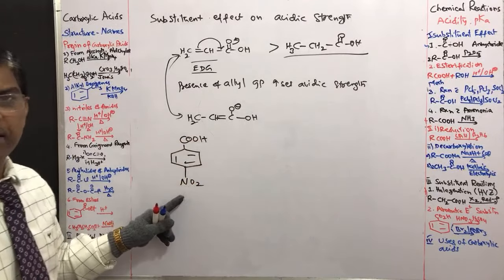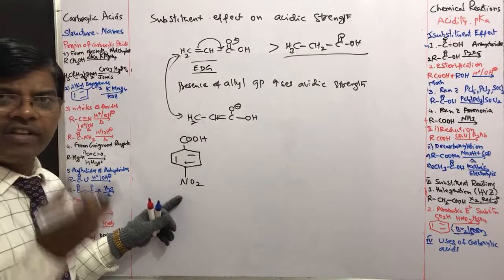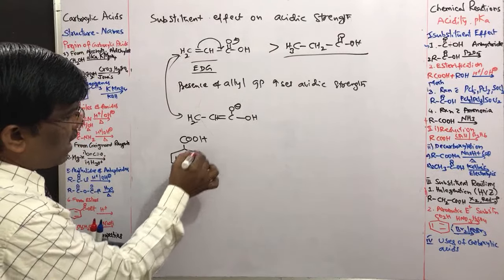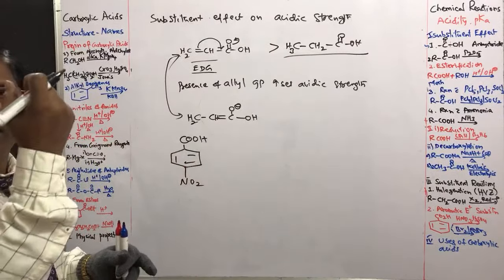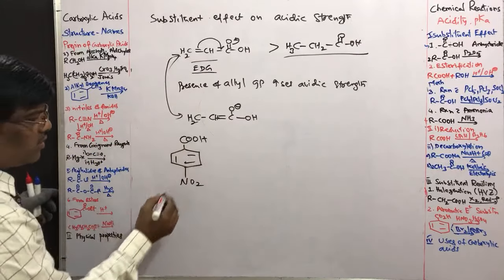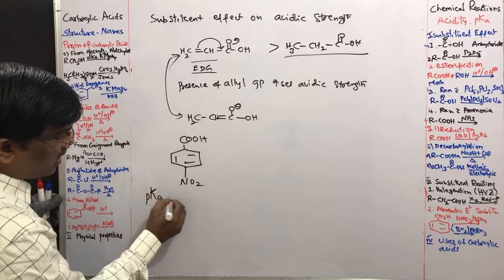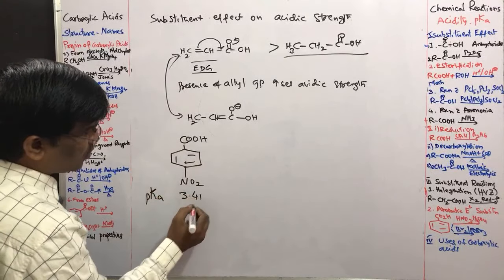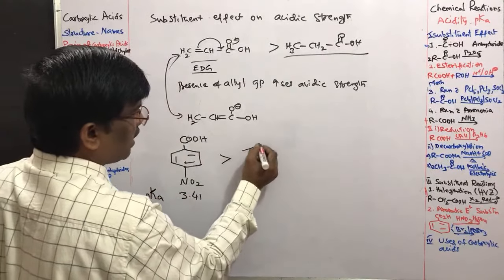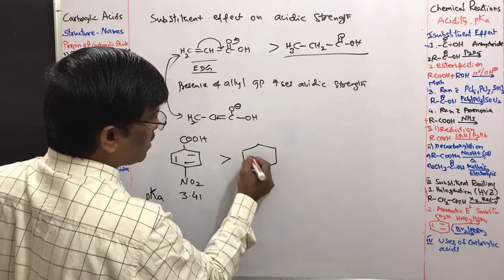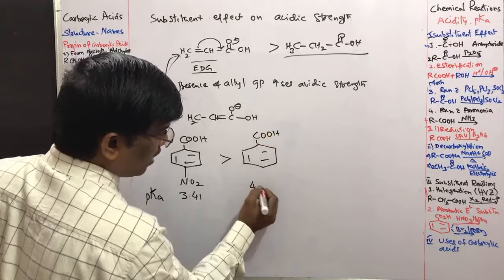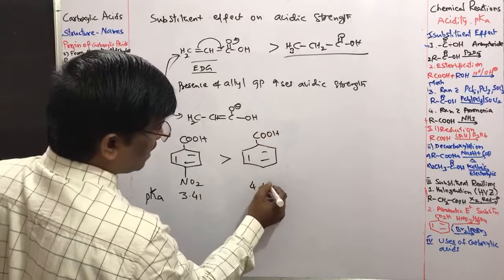So a substituent which is an electron withdrawing group on the benzene ring, at para and ortho, is going to give strong acids. So its pKa is 3.41. So it is a strong acid when compared to benzoic acid. What is the pKa of benzoic acid? It is 4.19.